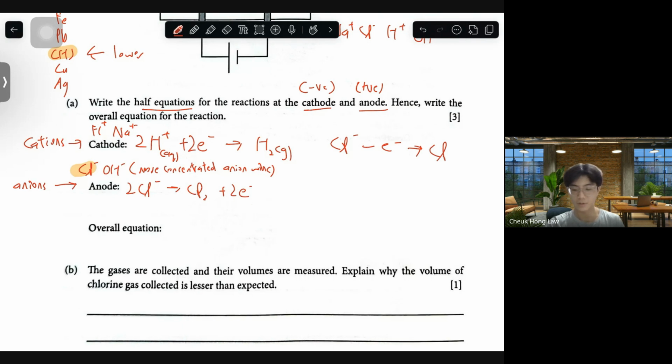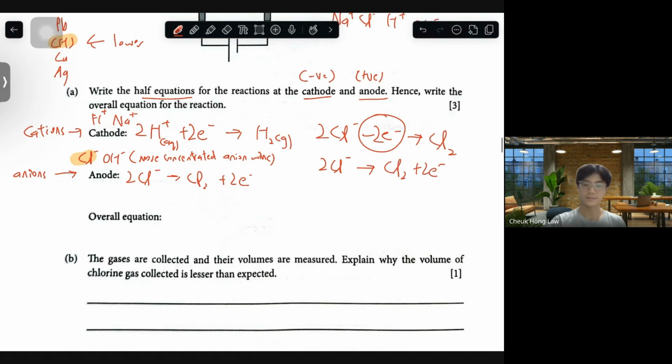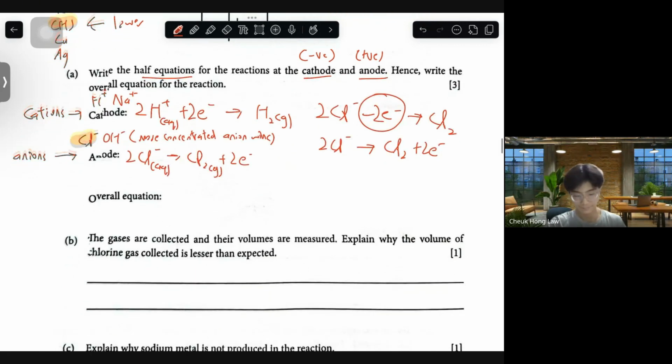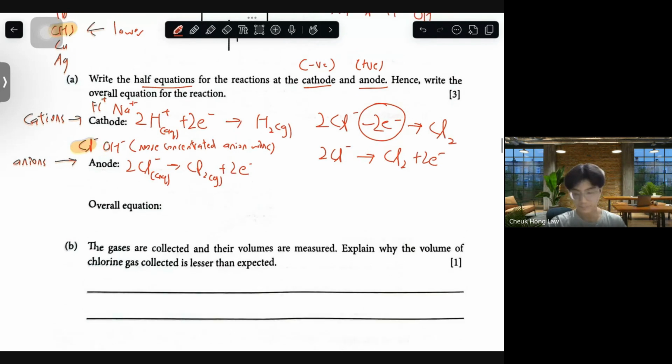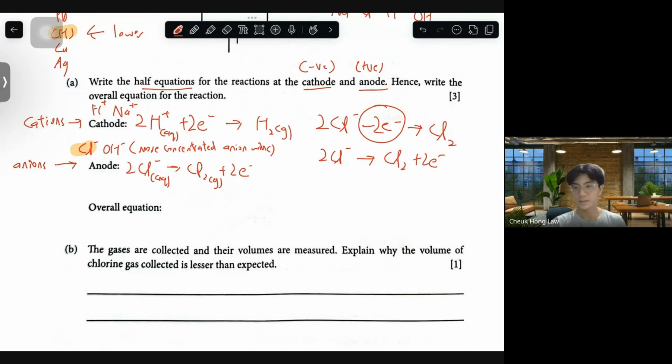Chlorine is diatomic, so add number 2, and then I have to balance the rest. Then in chemistry, we move the minus to the right hand side. And that is how I get the half equation. Let me know if you have any questions as I go through.